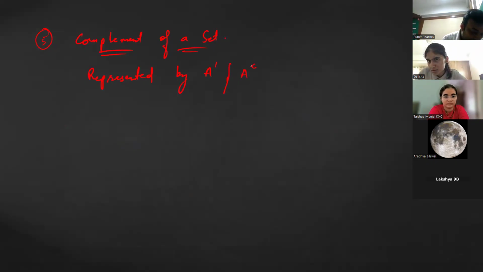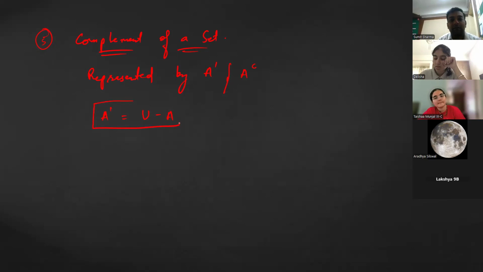But usually we represent it by A dash only. And what do we mean by A dash? It is U minus A. Means you have to remove all the elements of A from U, the universal set. So this is the basic definition of A complement.